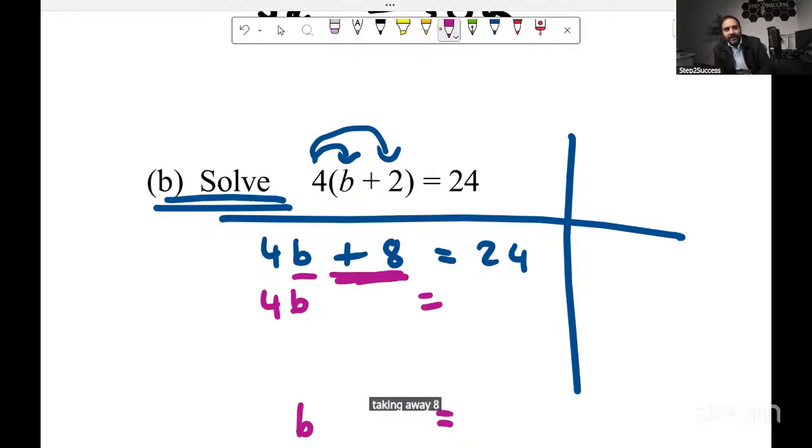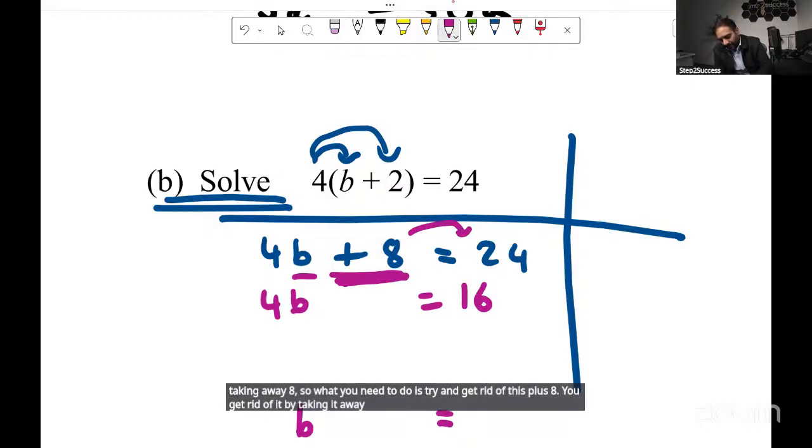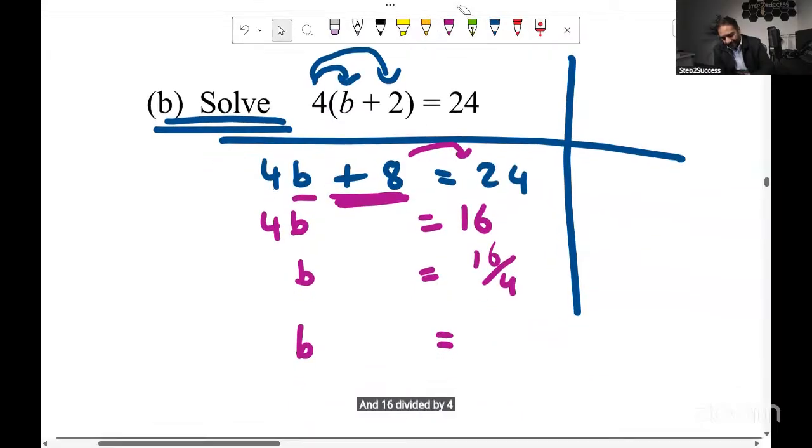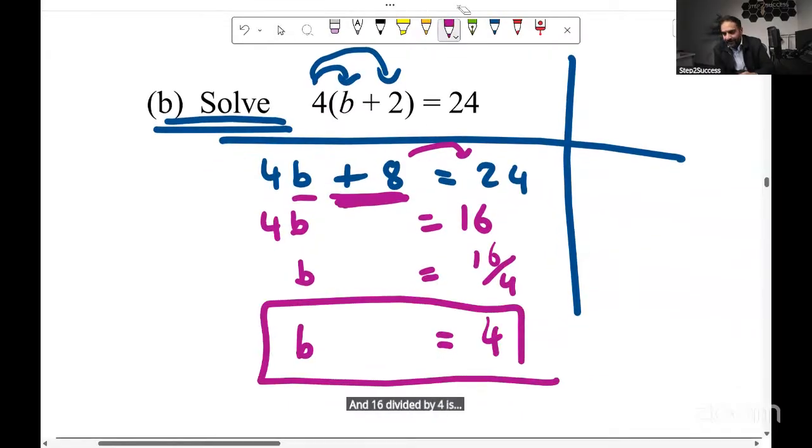So what you need to do is try to get rid of this plus 8. You get rid of it by taking it away. 24 take away 8 is 16. And then what you do is you divide by 4, because this is 4 times something, but we want the something on its own. So you move the 4 and you divide it, and 16 divided by 4 is 4. That is the answer to this question.